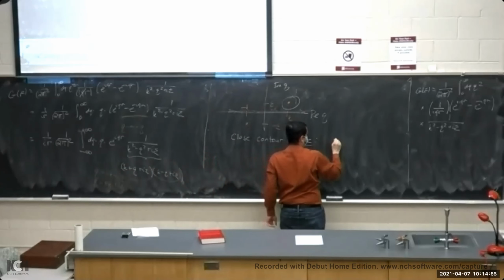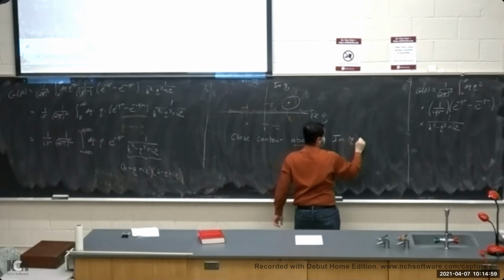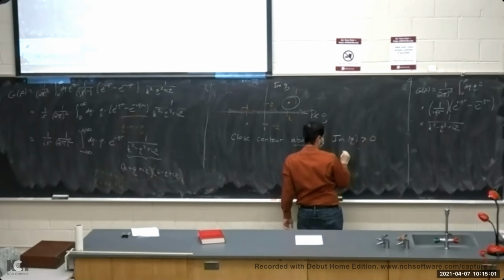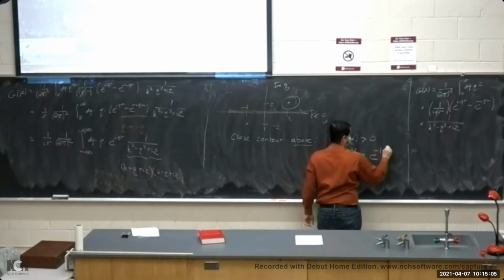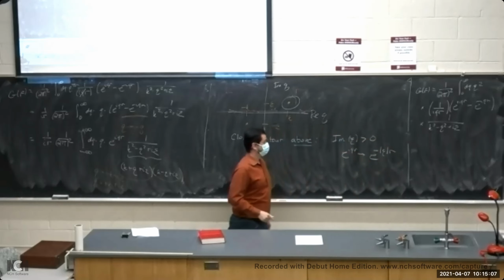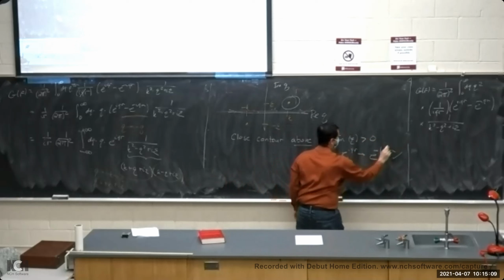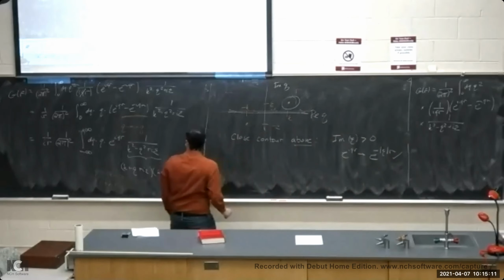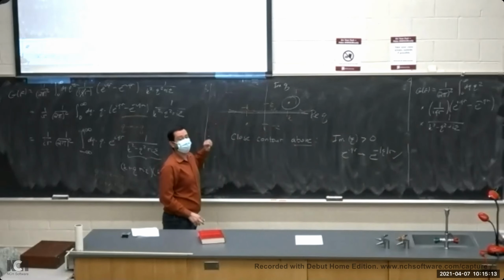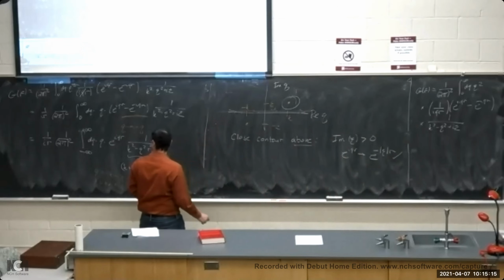So if the imaginary part of q is positive, then e to the iqr becomes e to the minus absolute value of qr. That means this is a convergent decaying exponential. When I close it above, I get a factor 2 pi i, and I collect the residues.